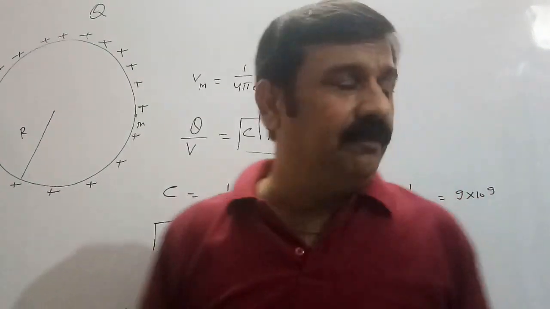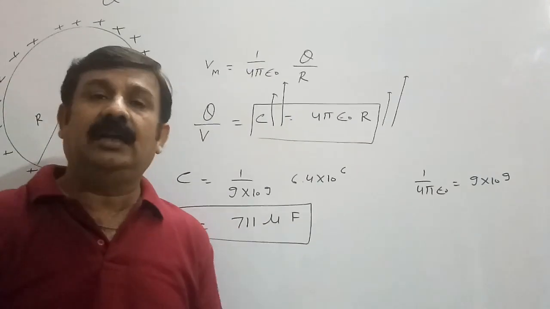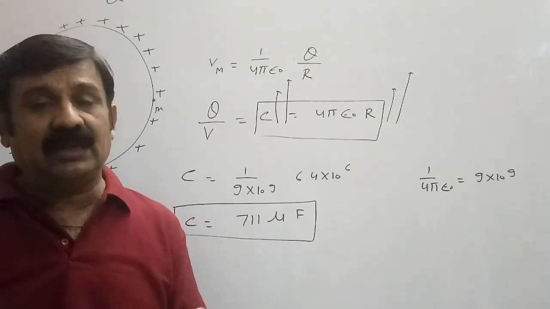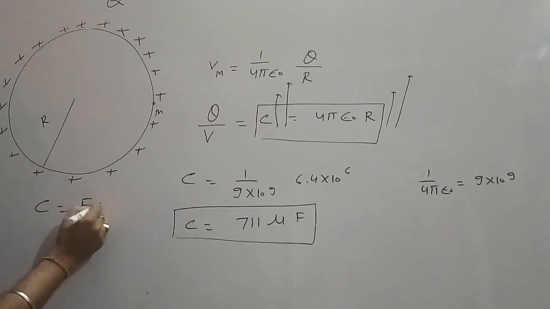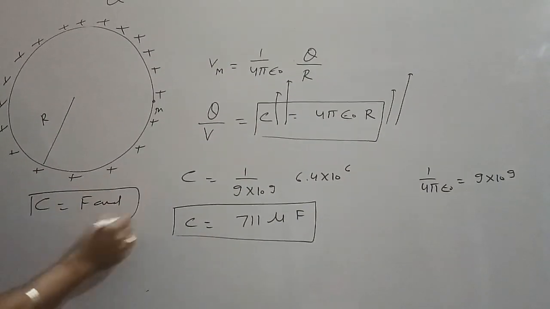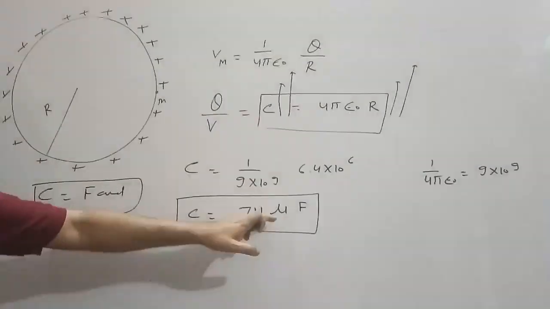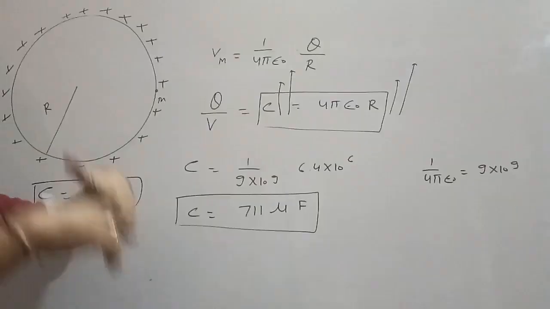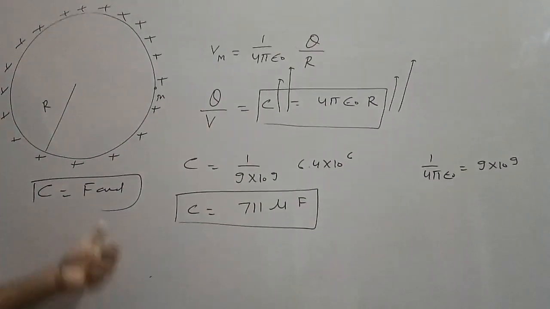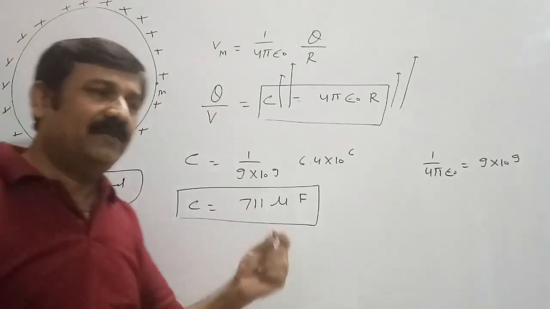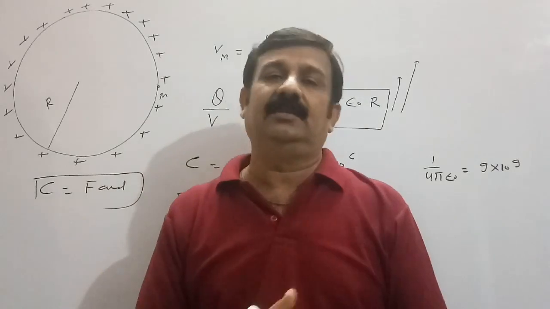So this mathematical result tells us that we cannot think about such a capacitor or conductor whose capacity will be in farad. As compared to 1 farad, this is a very small number, and this very small number is the capacity of the conductor whose dimension is equal to the radius of Earth. So we never think about such a conductor or capacitor whose capacity will be in the farad range.